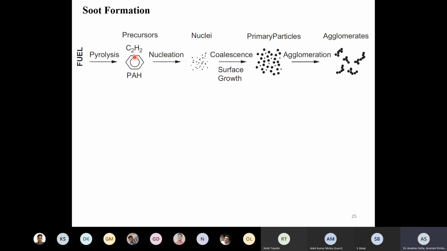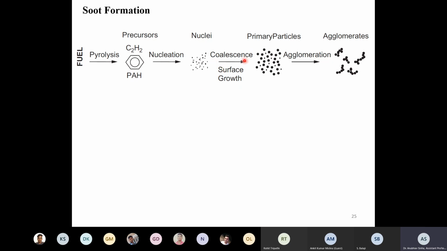This is not soot, but this is what forms soot. This is the reactant that will give rise to soot. Then this PAH will nucleate. Nucleate means a lot of these molecules combine to form small particles, very small, in the microscopic range.